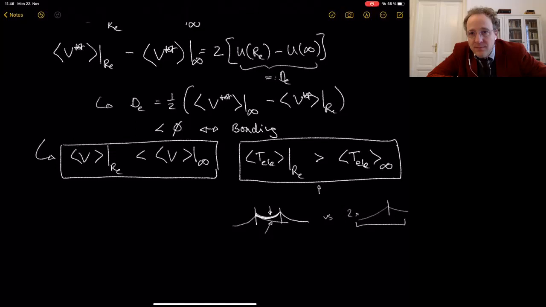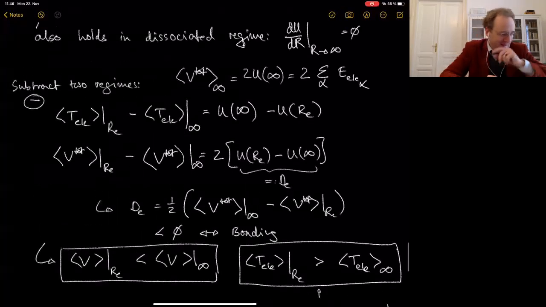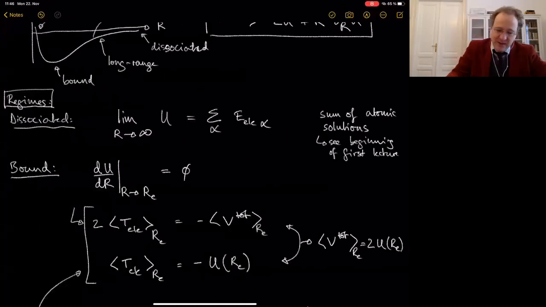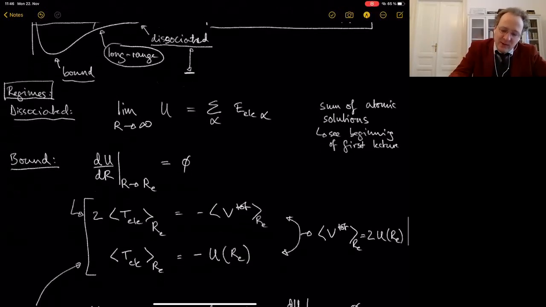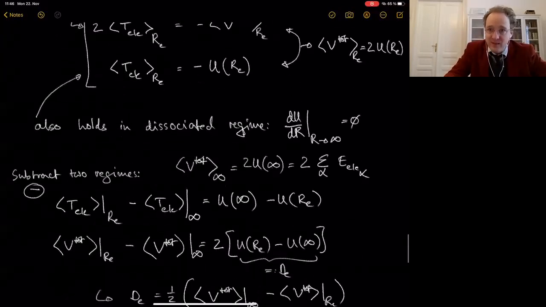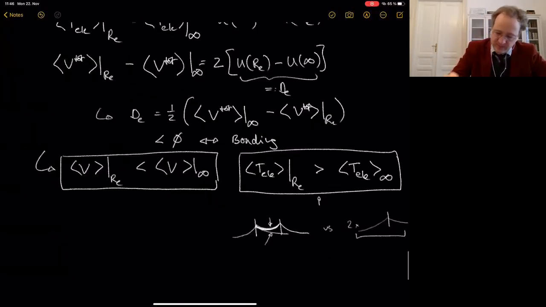All right, so let's go to the next regime. We talked about the bound one. We subtracted, we compared these two, and now we'd like to briefly look at this long range regime.